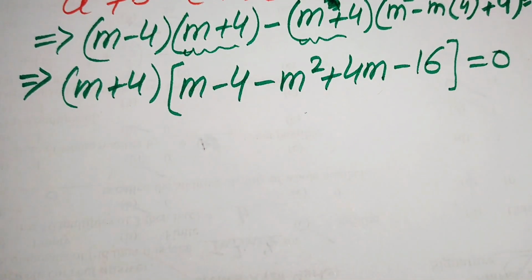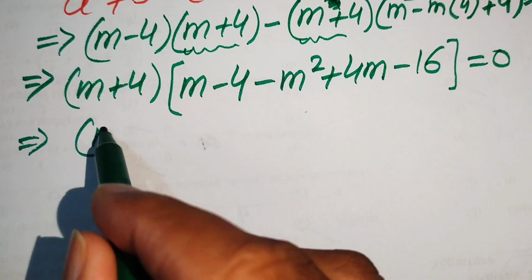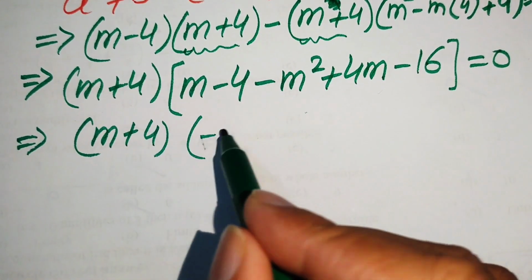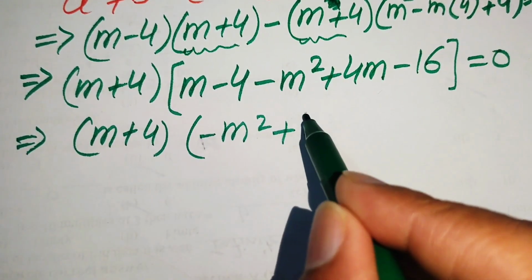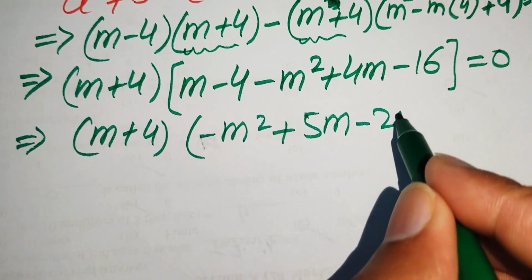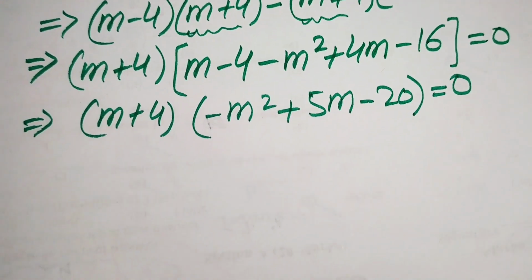Here we need more simplification, so we add or subtract the like terms. We have (m plus 4) into (minus m² plus 4m plus m, which equals 5m, minus 4 minus 16 equals minus 20), and this whole equals 0.